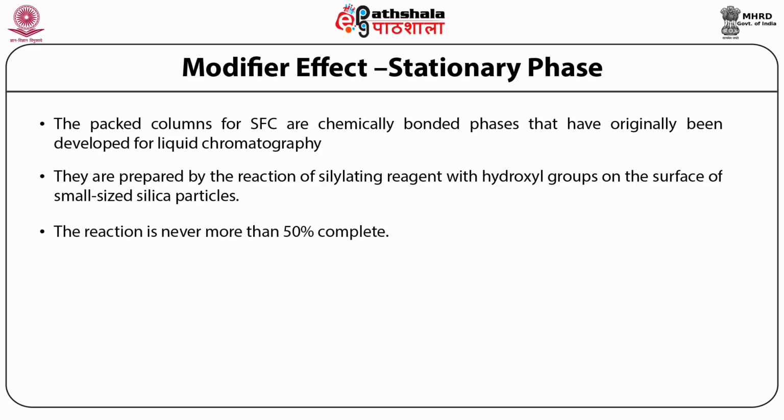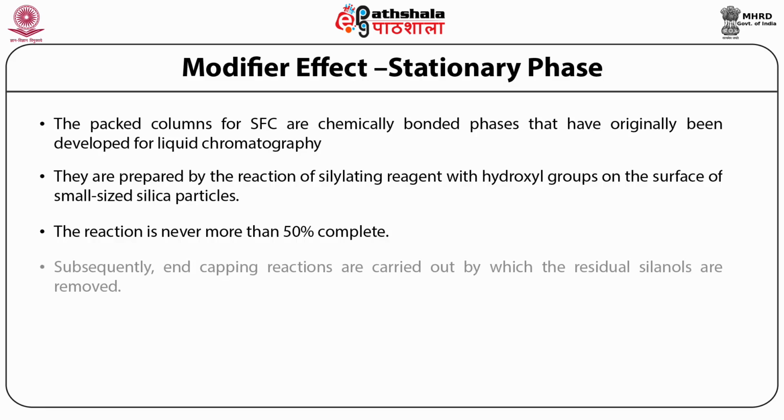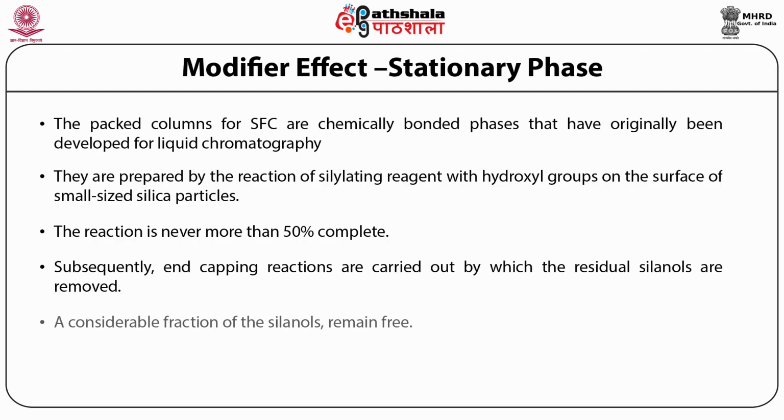This reaction has been known to be never more than 50% complete. Therefore, there are free silanol groups on the packing material. Subsequently, end capping reactions are carried out by which the residual silanols are removed. A considerable fraction of silanol still remains free.